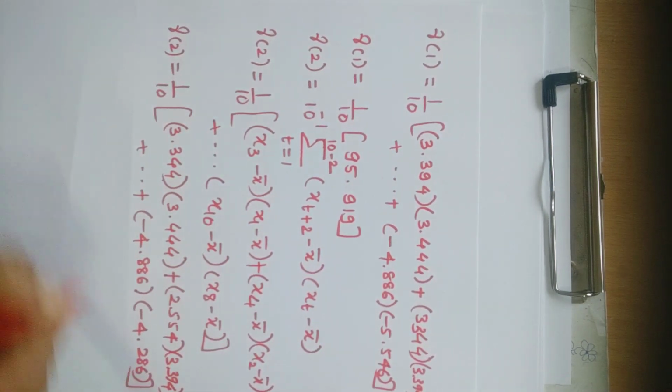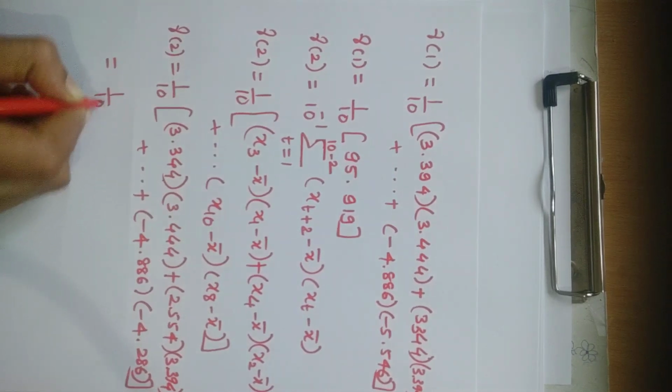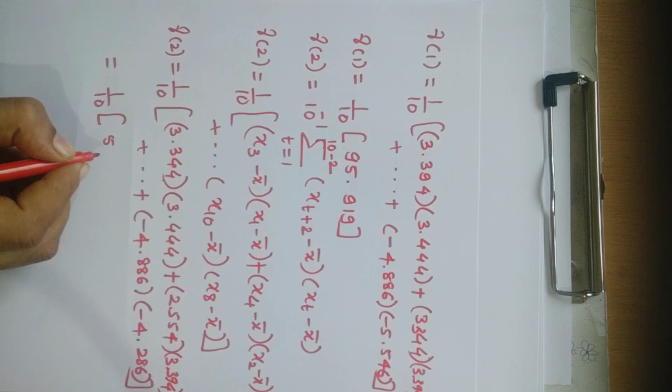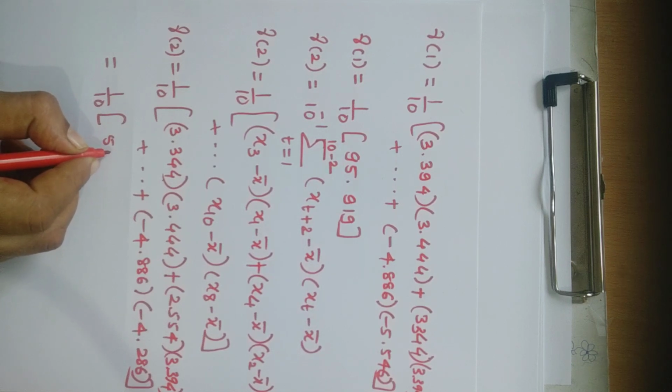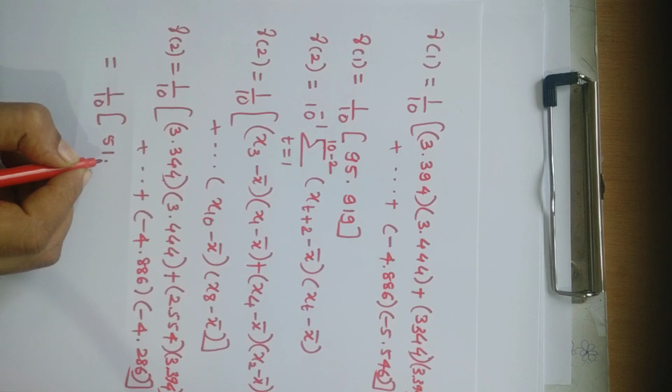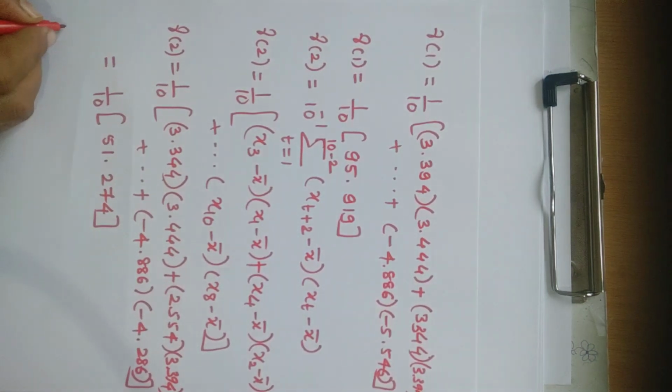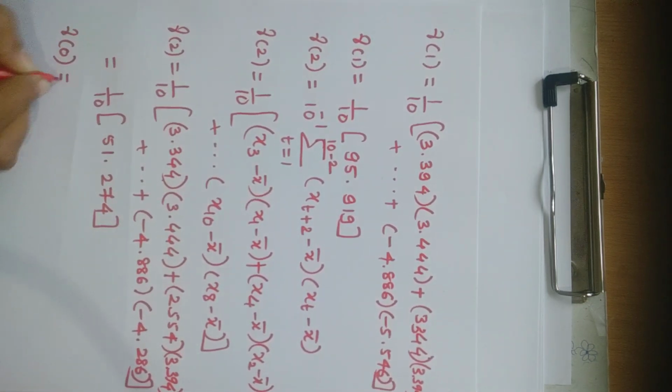So simplifying this, we will get gamma 2 value as 51.274.